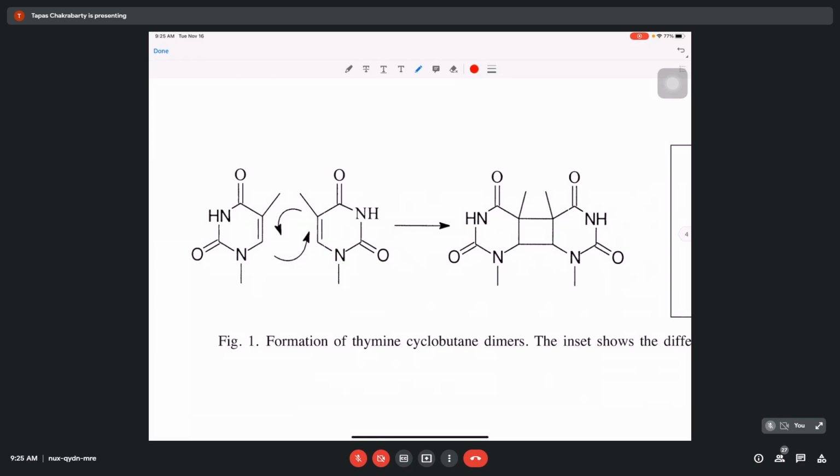When photochemical reactions are performed in the laboratory, it has been observed that the purine bases are actually less sensitive to the damaging effect of light compared to the pyrimidine bases. Taking discrete nucleotides as well as nucleic acids, the common understanding that people have come to is that most of the damaging effect is because of thymine and uracil. So the effect on adenine and guanine is very small, but on thymine, cytosine, and uracil, the damaging effect is large.